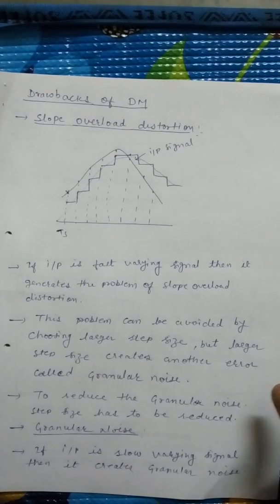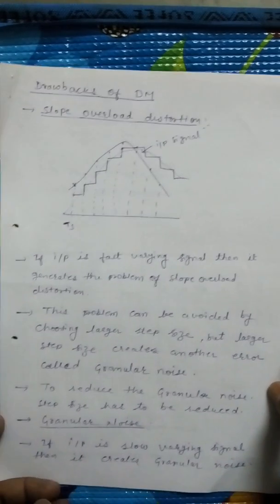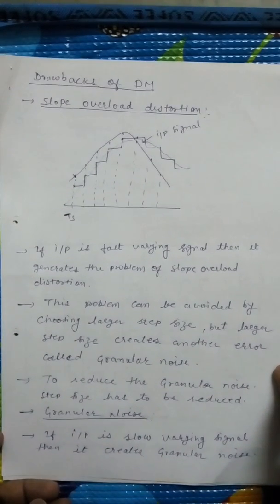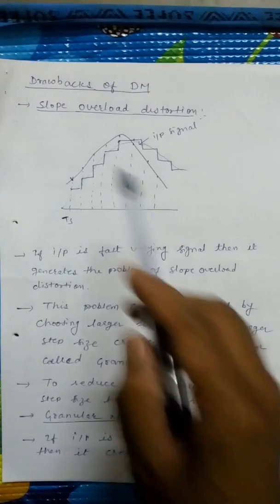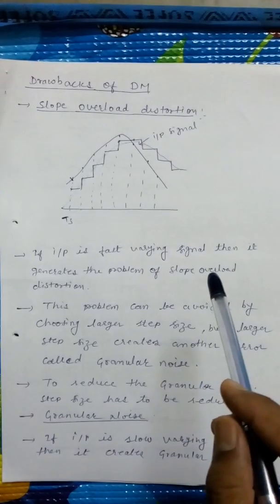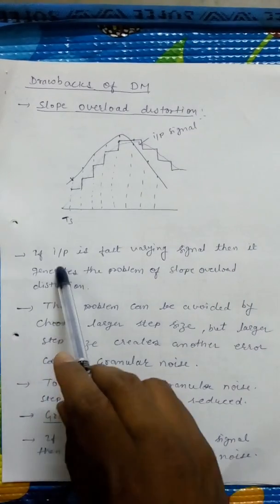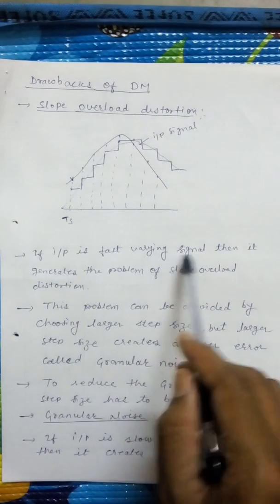Now the drawbacks of the delta modulator. There are two drawbacks in delta modulation. One is slope overload distortion, and another one is granular noise. Slope overload distortion occurs when the input is a fast varying signal.